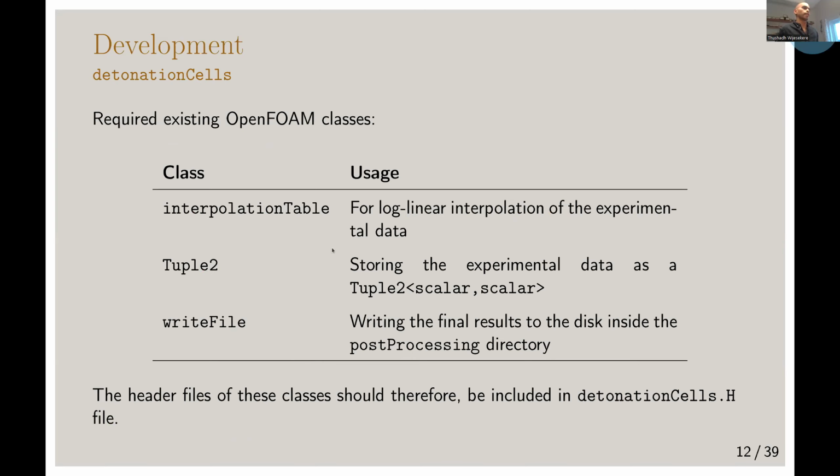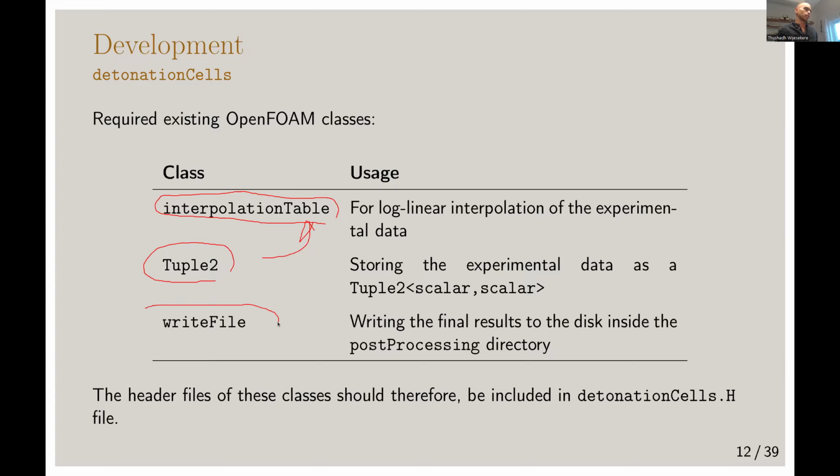In this function object, I will be using a few existing classes from OpenFOAM. One is the interpolation table, which is used for the interpolation of the data from the experiments. I will also use the class Tuple2 just to store the experimental data, which can then be read by this interpolation table class.